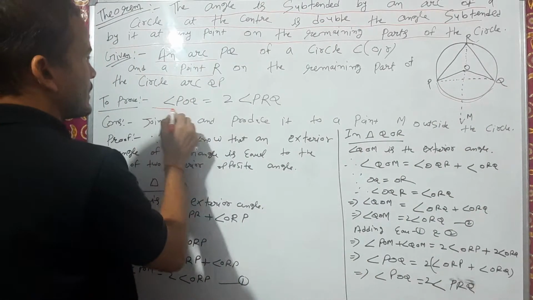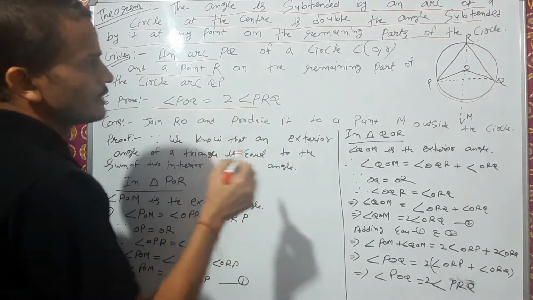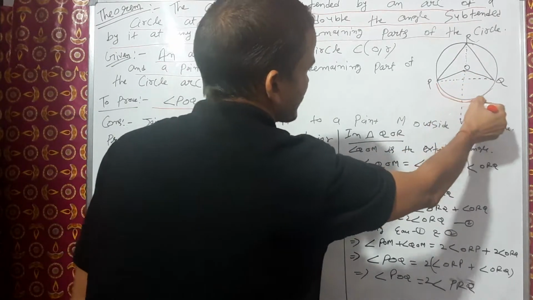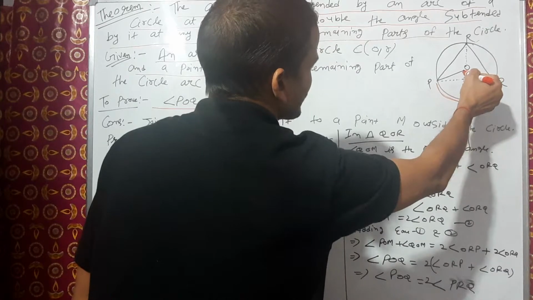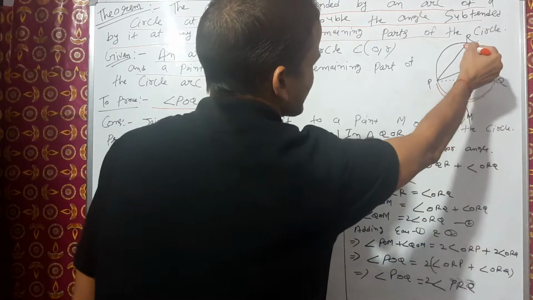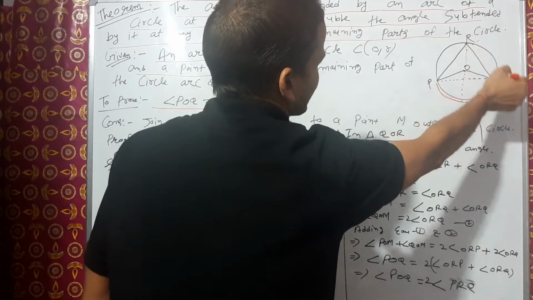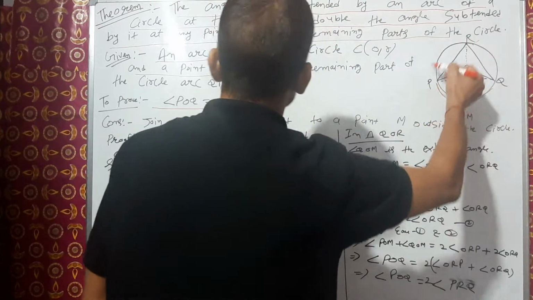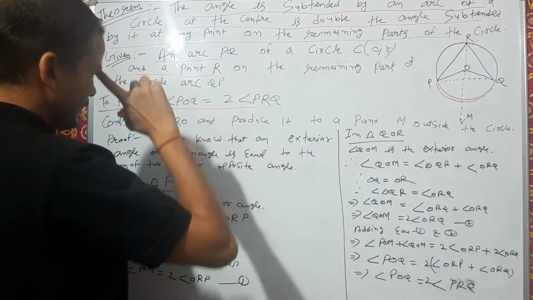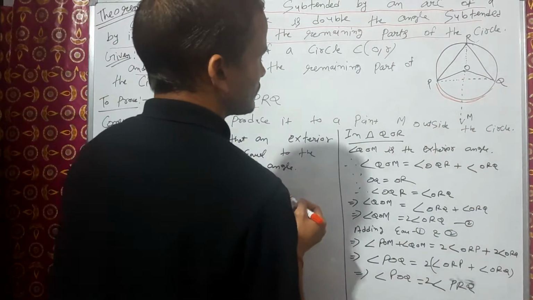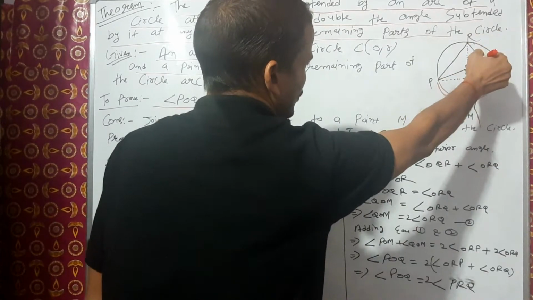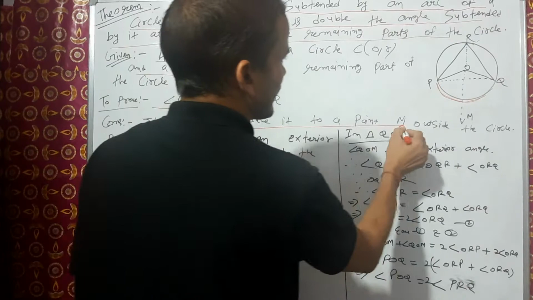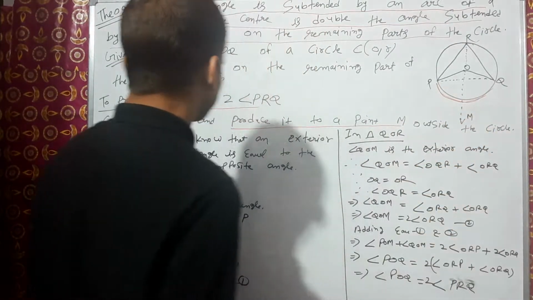We have to prove that the angle made at the center by arc PQ is equal to 2 times the angle formed at the remaining part of the circle by arc QP. Construction: join RO and produce it to a point M outside the circle.